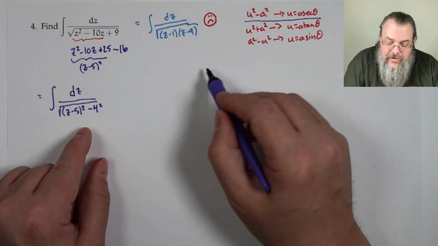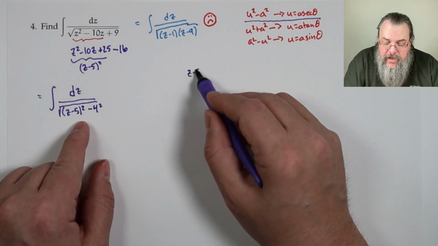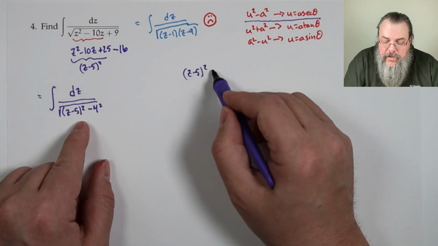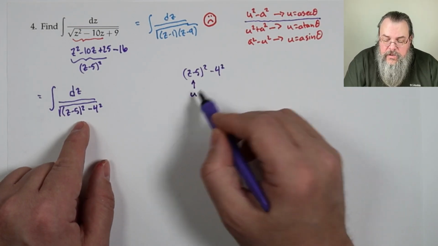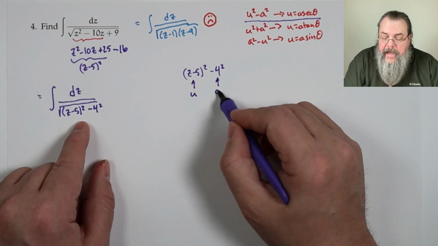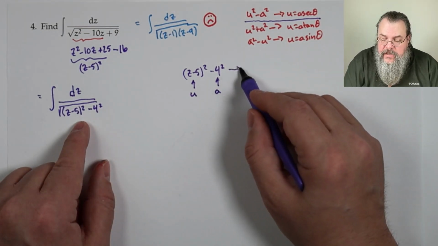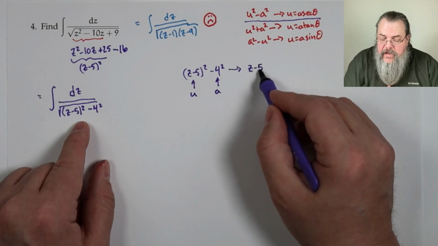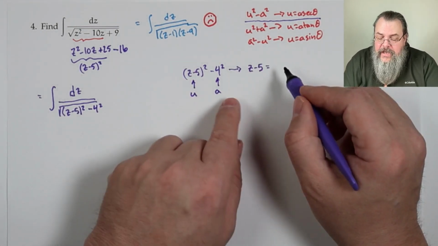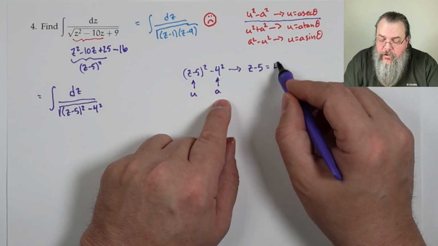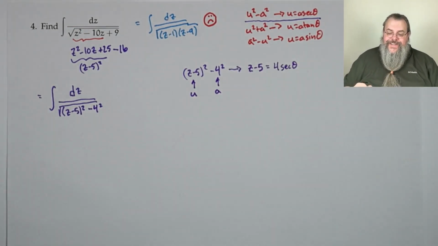To be more explicit, we have z minus 5 quantity squared minus 4 squared. So here's our u, here's our a. So our substitution is going to be z minus 5, which is our u, is equal to a, which is 4 secant theta. All right, good.